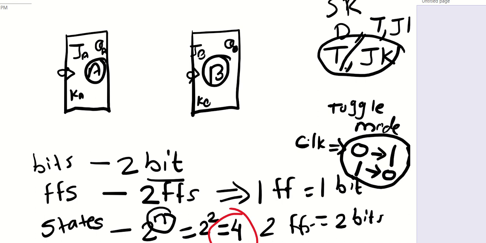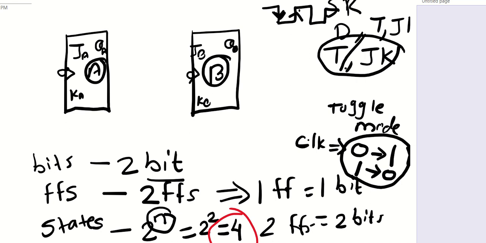In a negative edge trigger, if this is a clock cycle, the negative edge is the one which goes from high to low, and the edge which rises from low to high is a positive edge. So for each negative edge of the clock pulse, your flip-flop will get triggered.